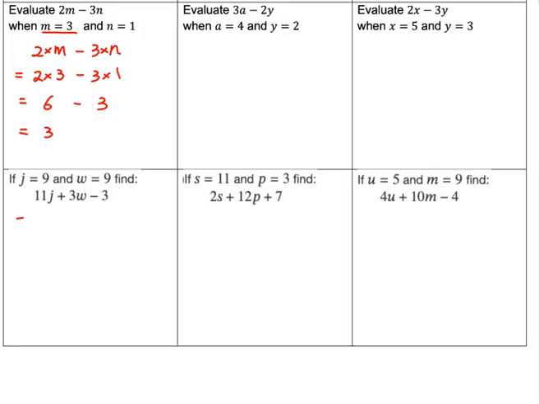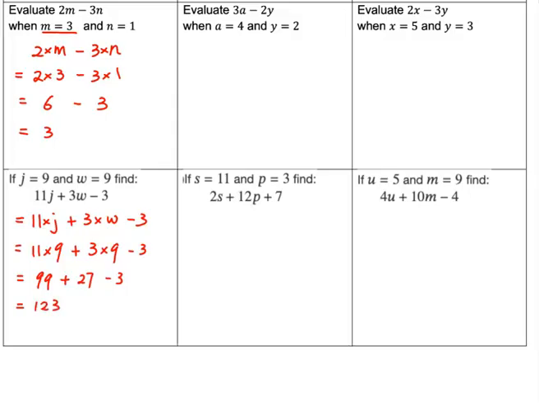So again, 11j means 11 times j, plus 3w means 3 times w, minus 3. 11 times j is 9, plus 3 times w is 9, minus 3. Therefore, I have 99 plus 27 minus 3. So the final answer is 123.